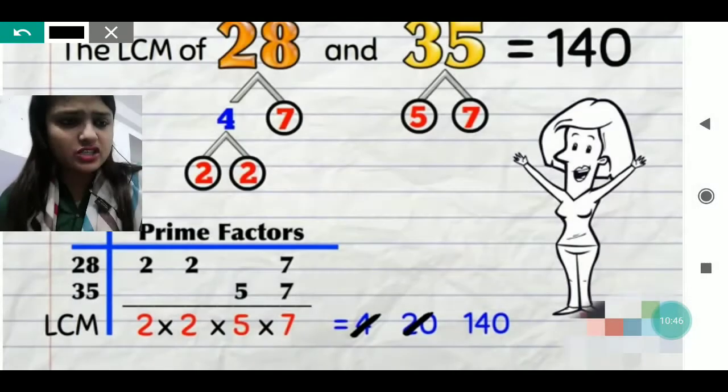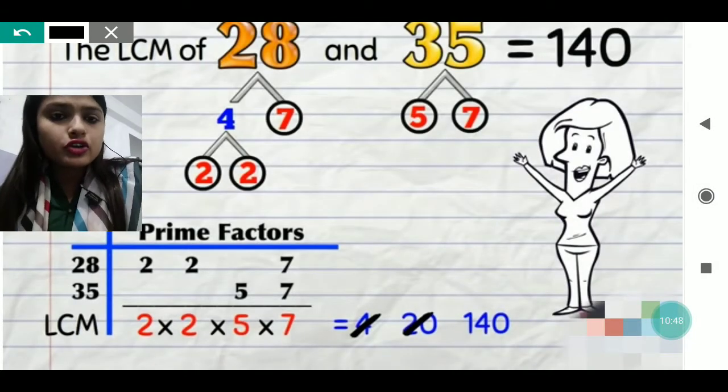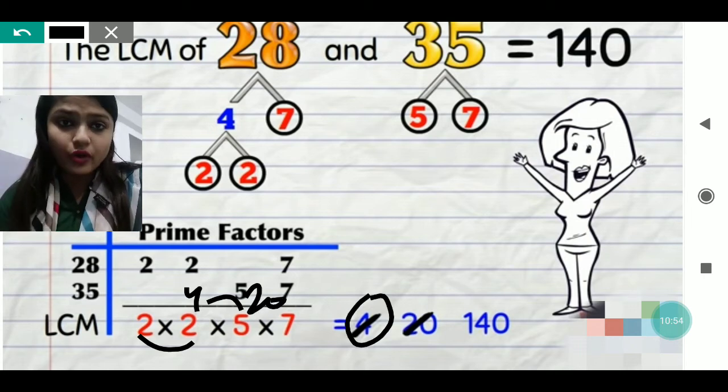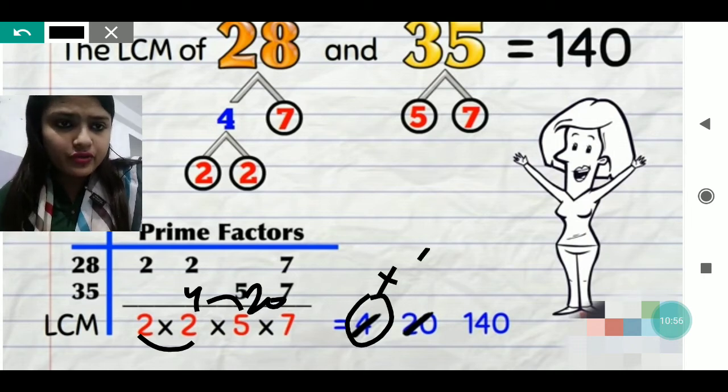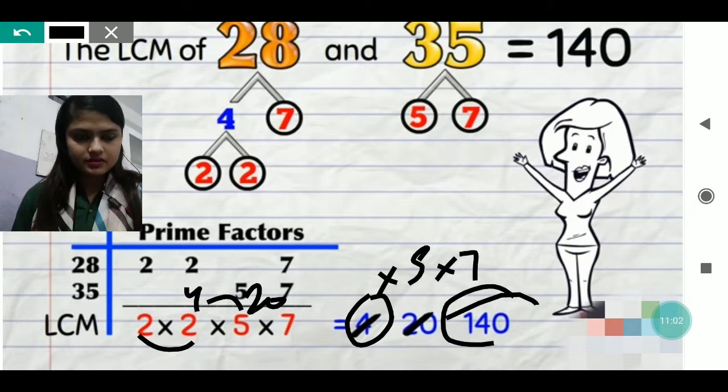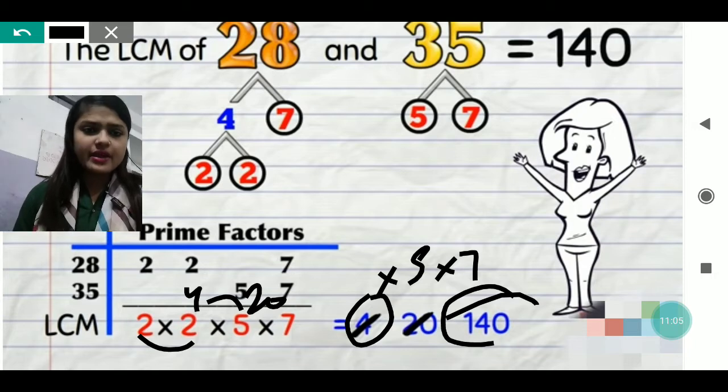After doing this much, you can see what I have done. Now 2 into 2, 4, 4 into 5, 20.